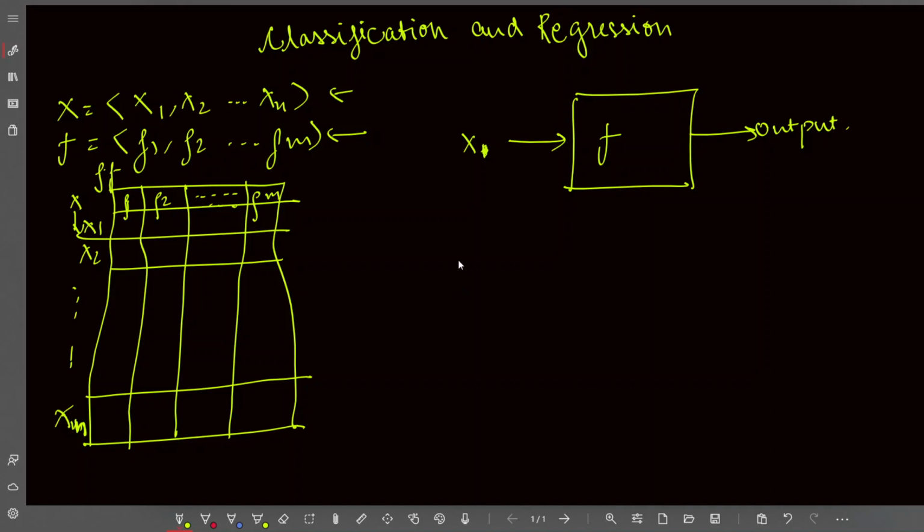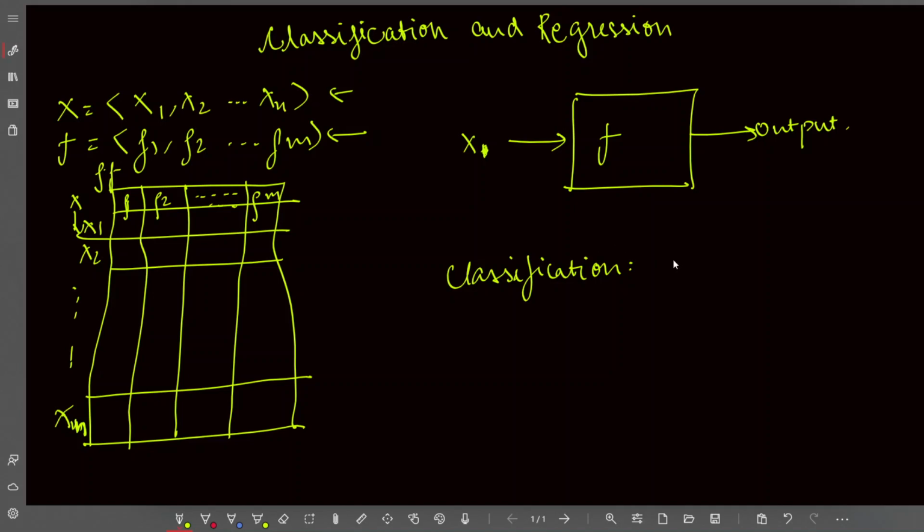So when it comes to the different types of problems you may face in machine learning, there are two different problems that you can come across. The first one is classification. Classification tries to segment your data points into different classes.